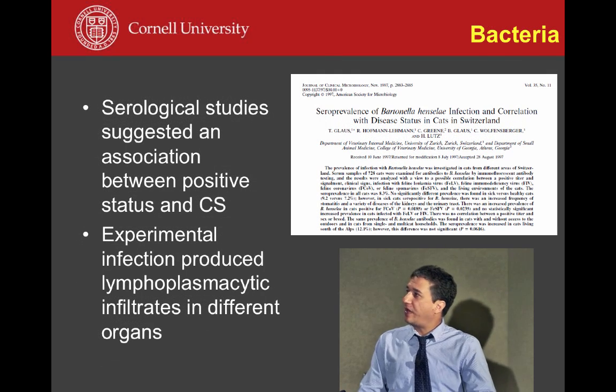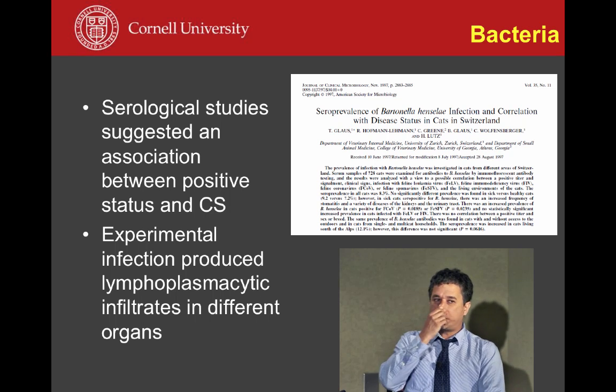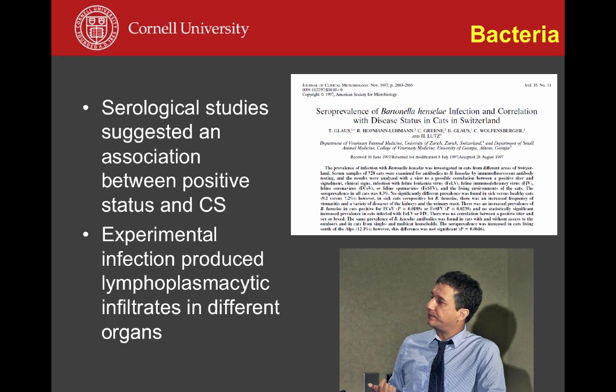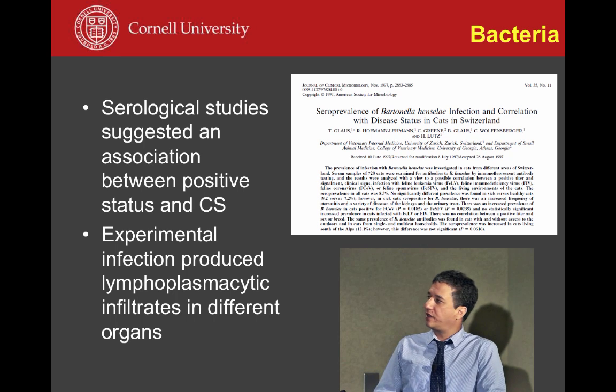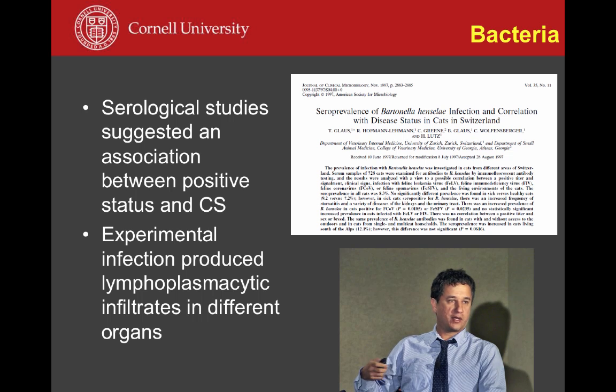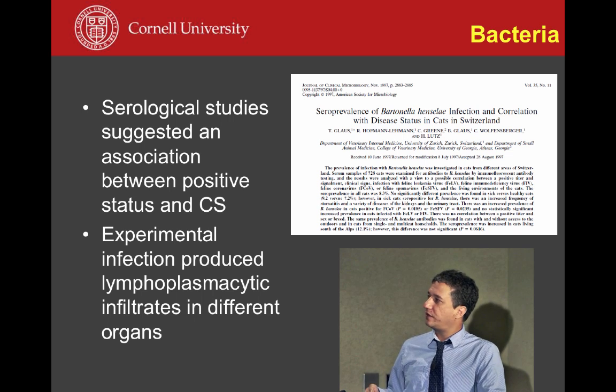Bacteria. One of the bacterial agents that has received most attention, and I think this slide is important, is Bartonella, because at some point there was an almost widespread belief that Bartonella could be the causative factor of stomatitis. This was based on very early research on Bartonella and histological changes associated with Bartonella that were typically seen as chronic inflammation, lymphoplasmacytic infiltrate of different tissues, including the oral cavity.